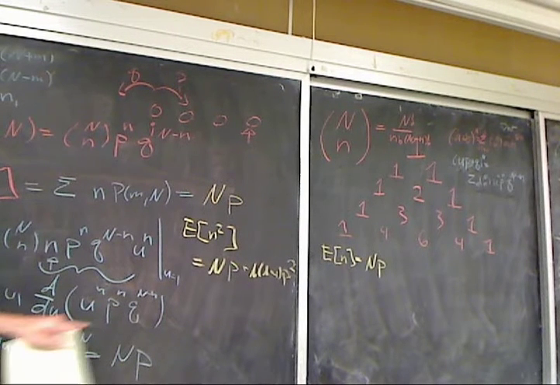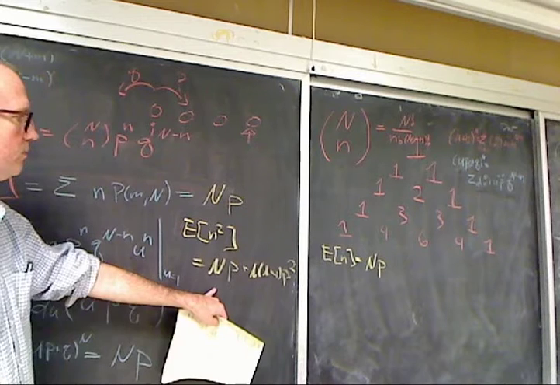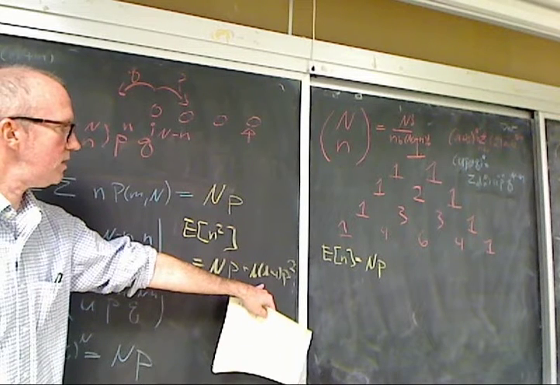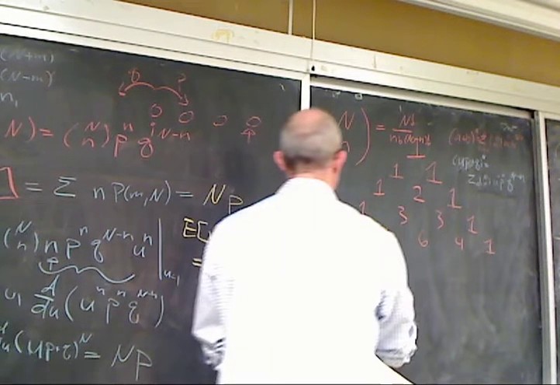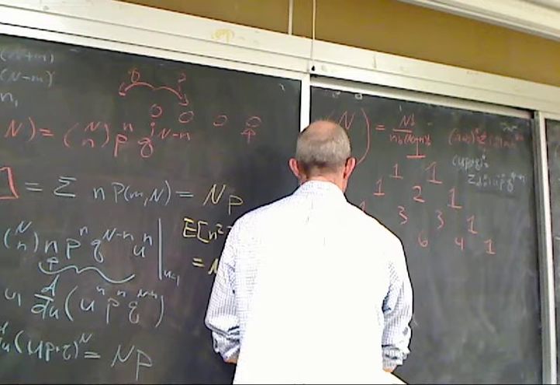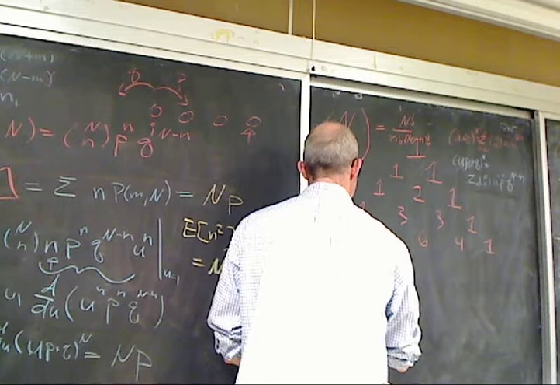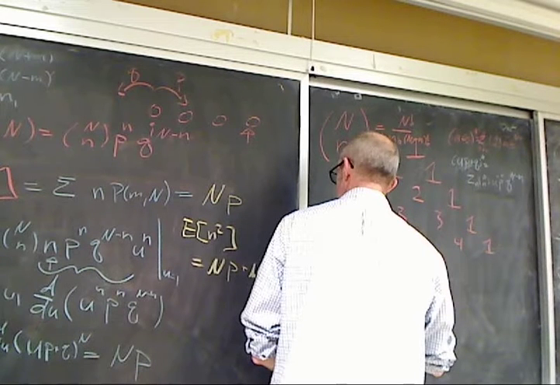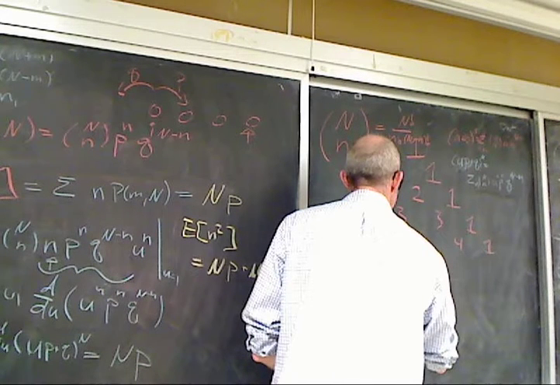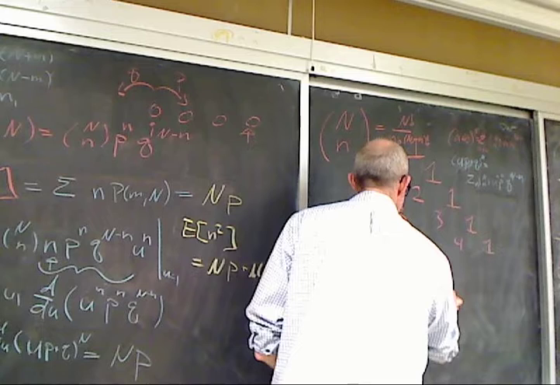So n times p from when you take the first derivative, and then n minus 1 is from the second derivative. So we'll need this too. The expectation value of n squared is n times p plus n times n minus 1 times p squared.